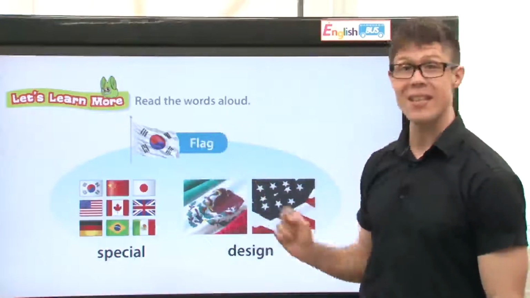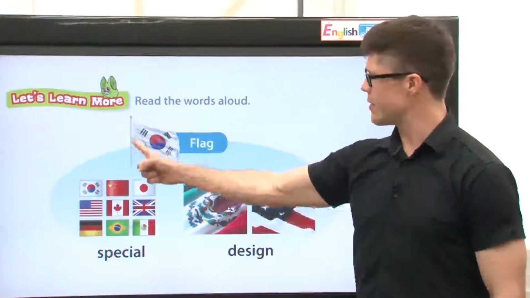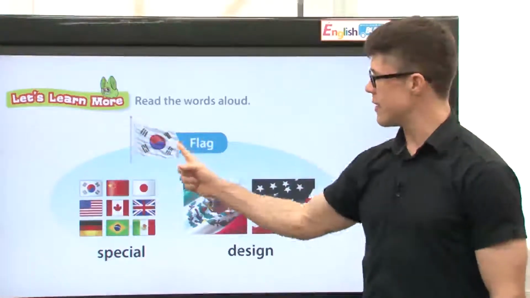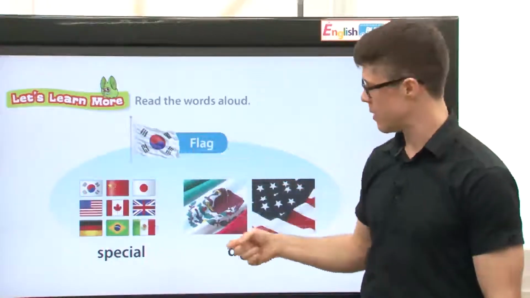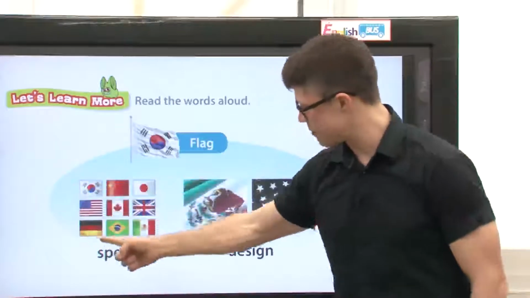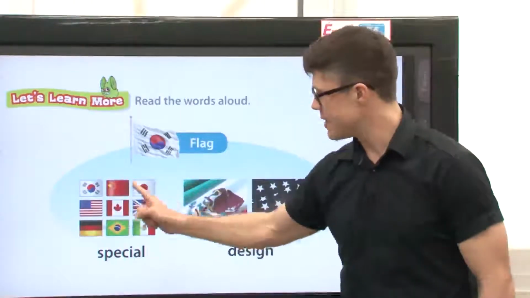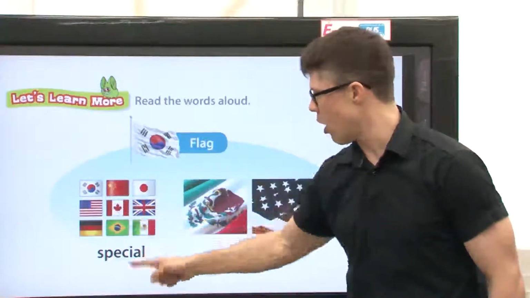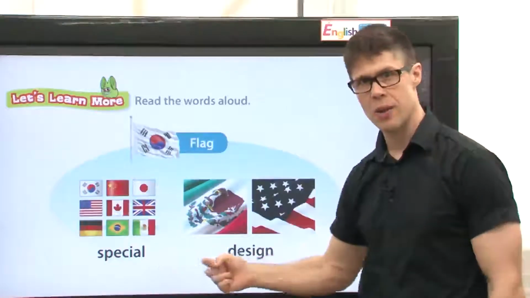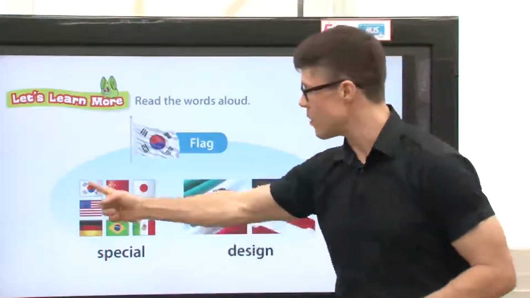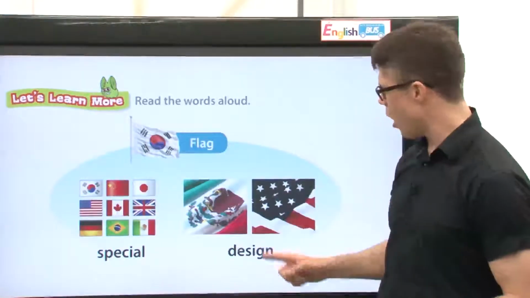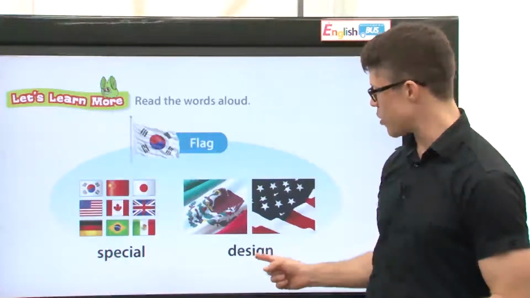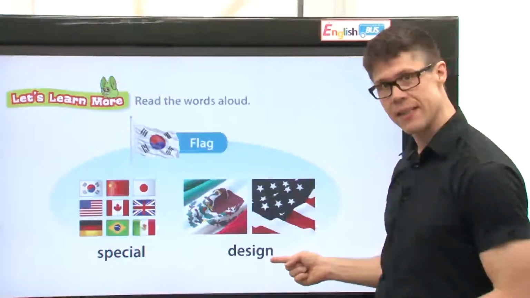Now, let's read these words. What is this? This is Korea's flag. Flag. See, here are many different flags, and they are all different. They are all special, right? They are good, and they are different. And all flags have special designs.